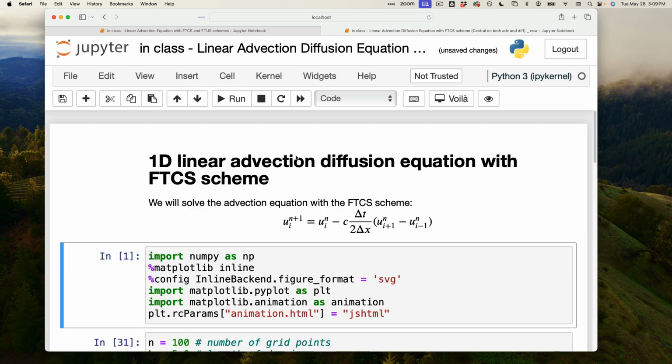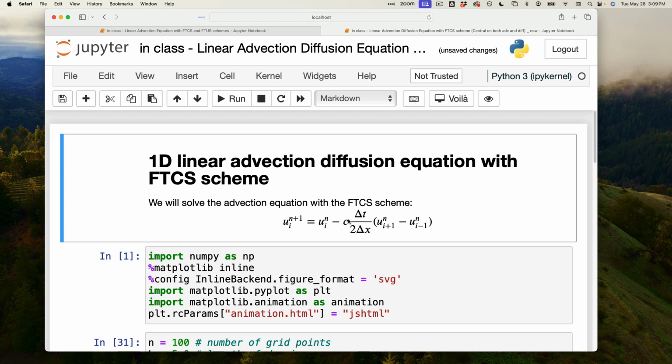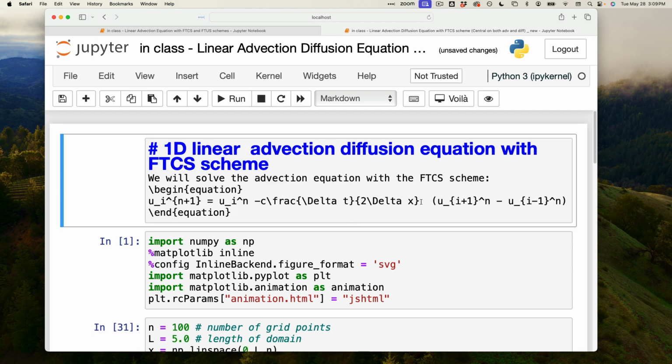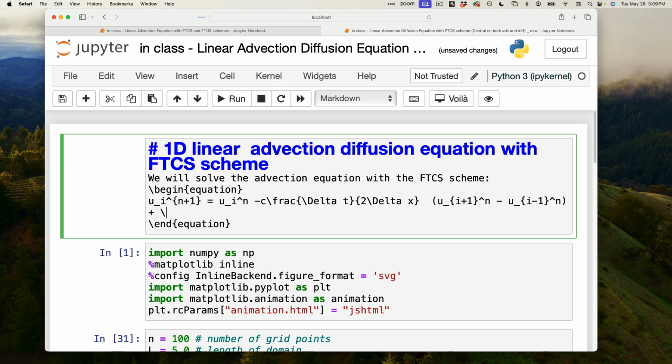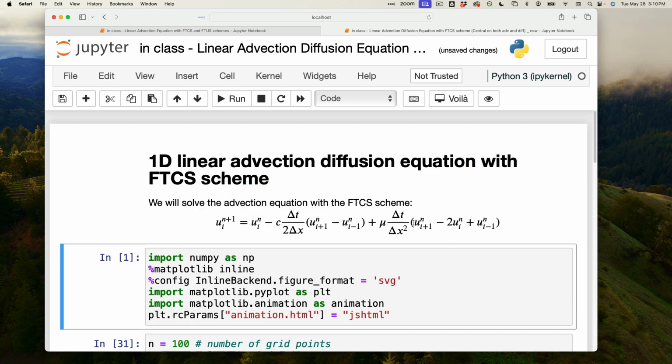Okay, so this one, we're going to have to add one more term here. That will be plus mu delta t over delta x squared times the diffusion term, or the second derivative approximation, which is u_{i+1}^n minus 2 u_i^n plus u_{i-1}^n.